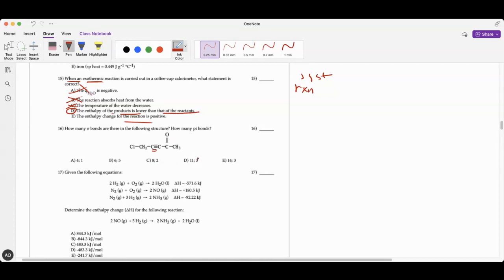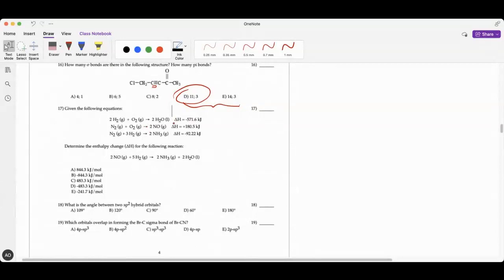So we have 3 pi bonds. So it's going to be between this one and this one. So how many sigma bonds? 11 sigma bonds. Yep. Hold on. 1, 2. Yep. 11 sigma bonds. So the answer here would be D.